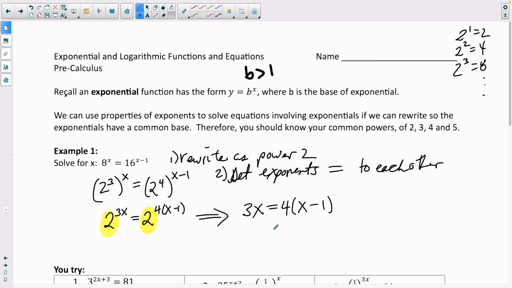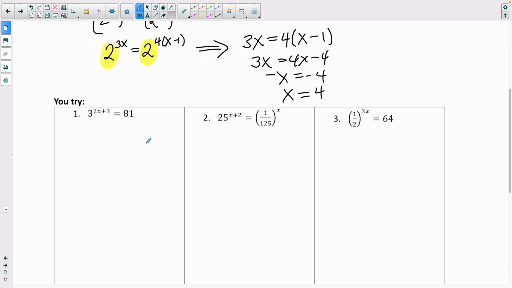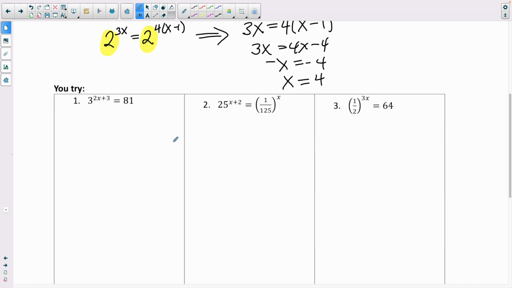All right, if we solve this, we distribute: 3x equals 4x minus 4, so minus x equals negative 4, so x equals 4. If I plug in a 4 here, 8 to the fourth is equal to 16 to the third. All right, now what I would want you to do is pause the video, try these 3 on your own, and then come back and see how you do.